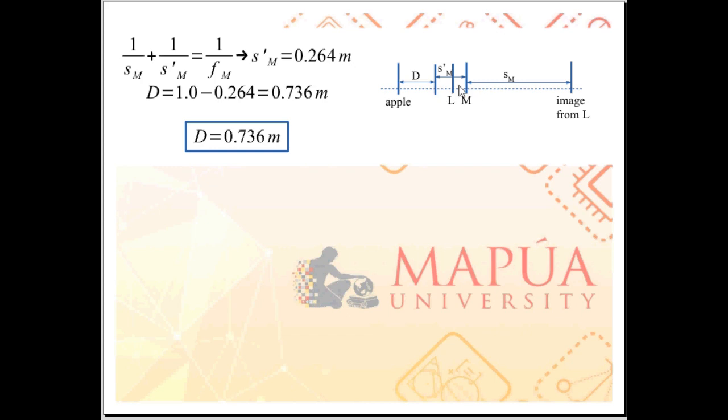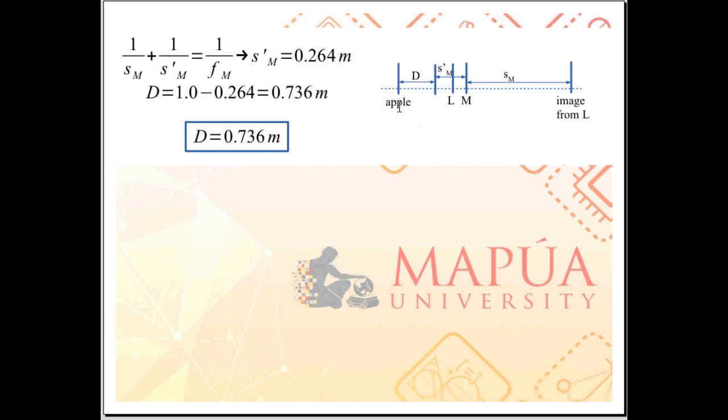So from the mirror, it is positive. So what does that mean? S prime M is positive. That means the image formed by the mirror is in front of the mirror. So if this is the mirror, in front of the mirror is the image. So this is our final image. This is the object, the apple.